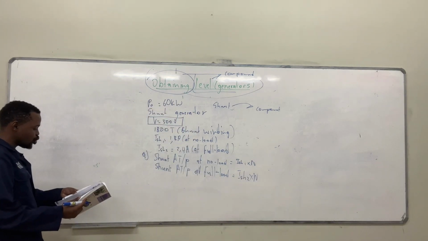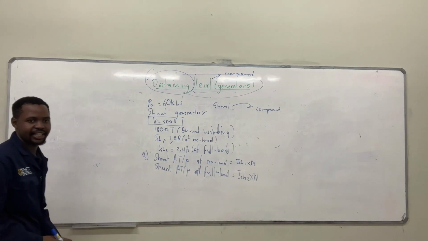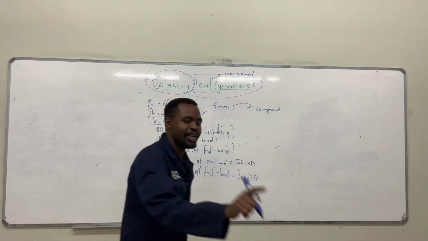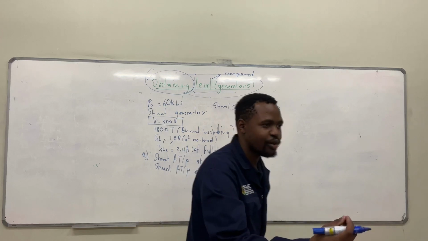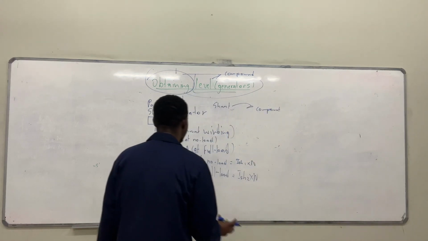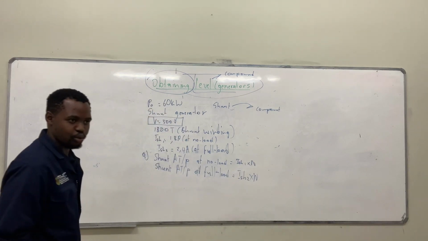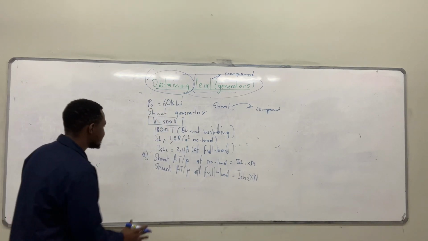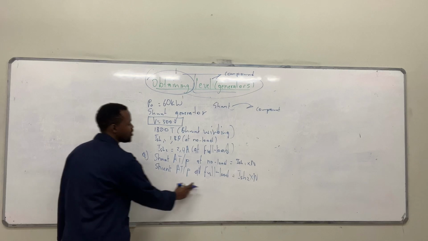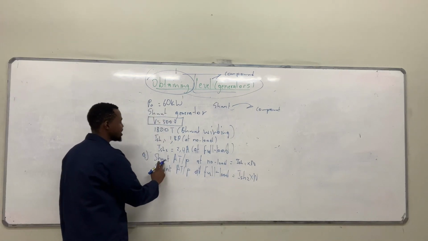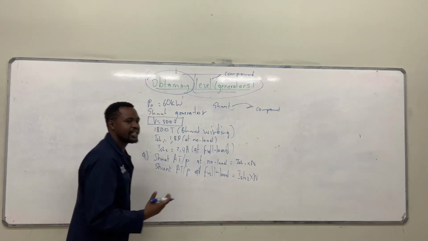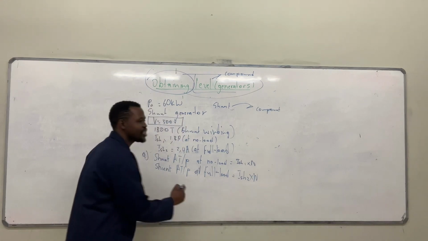Once you have that, the series ampere turns to obtain level compounding is basically the difference between these two: the shunt ampere turns at full load minus the shunt ampere turns at no load.